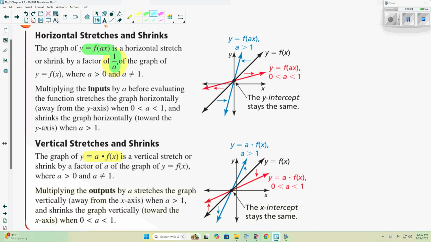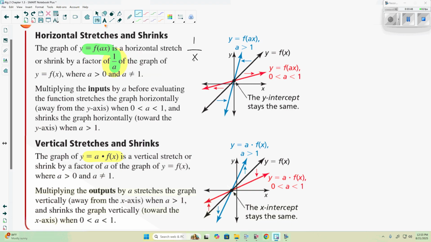I don't know how they would do it. It'd be b of x, where the graph is y equals f of bx, is a horizontal stretch or shrink by a factor of b equals 1 over a, where a is the given amount in the problem. All that's saying is when we talk about the stretch or shrink, we take whatever that value is and put it as 1 over that number.